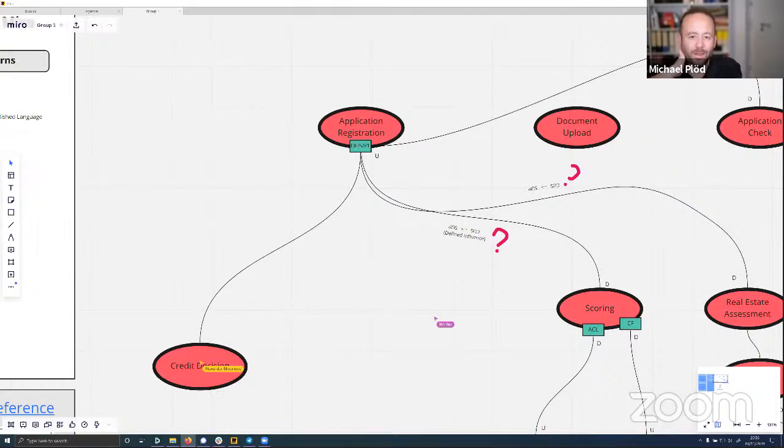The answer is it depends. But if you go for that as a general purpose heuristic, I think you're on a pretty decent path. That's most of the time applicable.